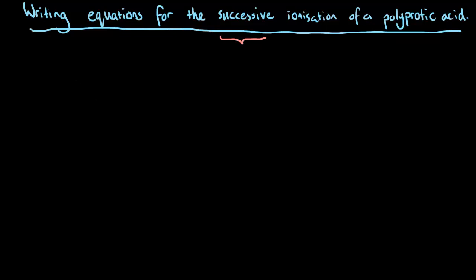You can either write your equations based on Arrhenius theory, or you can write your equations based on Bronsted-Lowry theory. If the question specifies to use a particular acid-base theory, then you need to write your equations according to that theory.